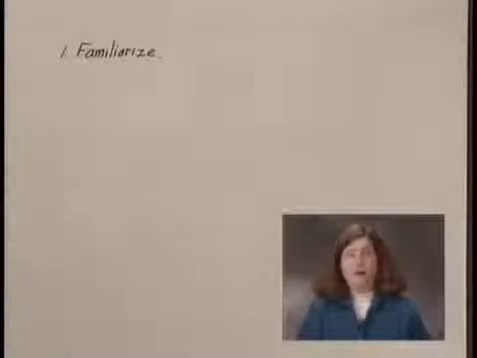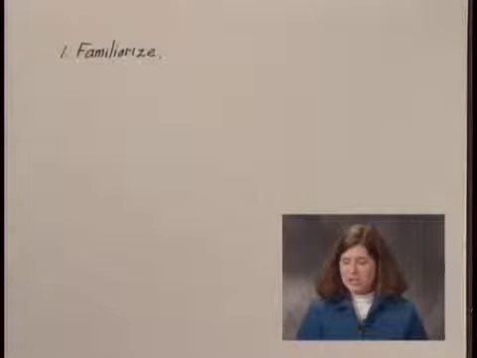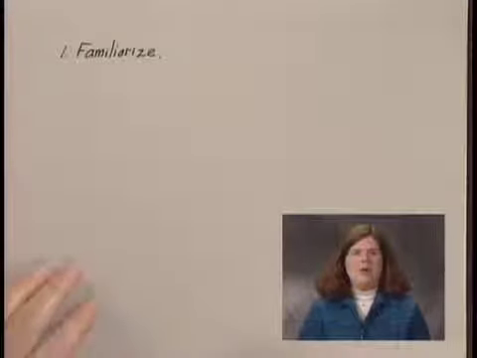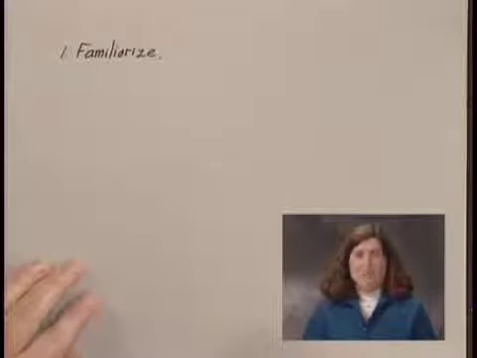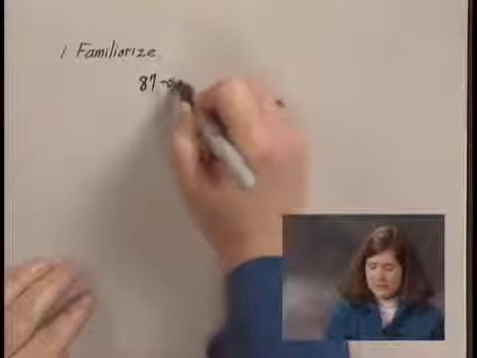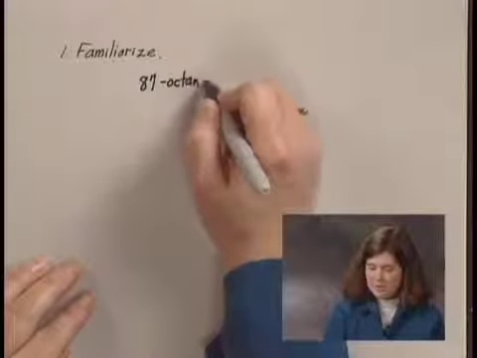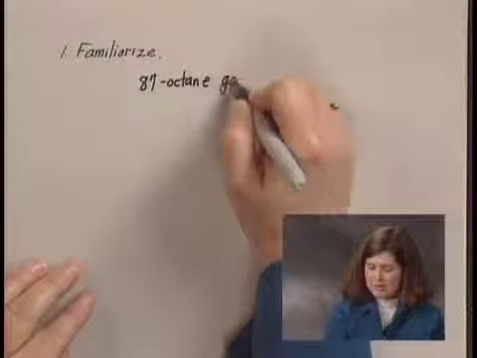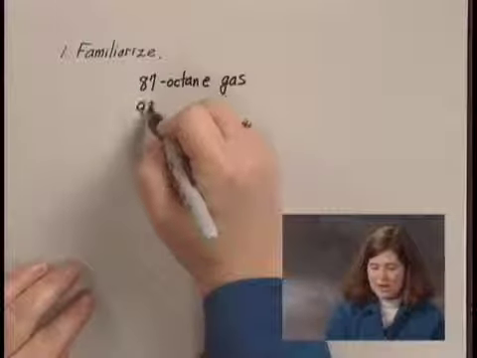Since we have a mixture problem, we'll organize the information in a table. We're going to start by defining variables. We want to mix 87 octane gas and 93 octane gas.